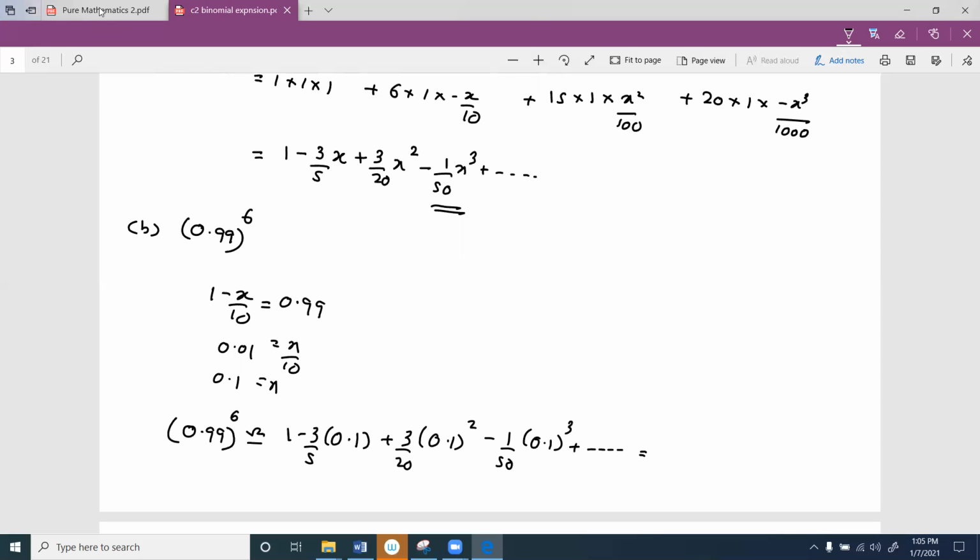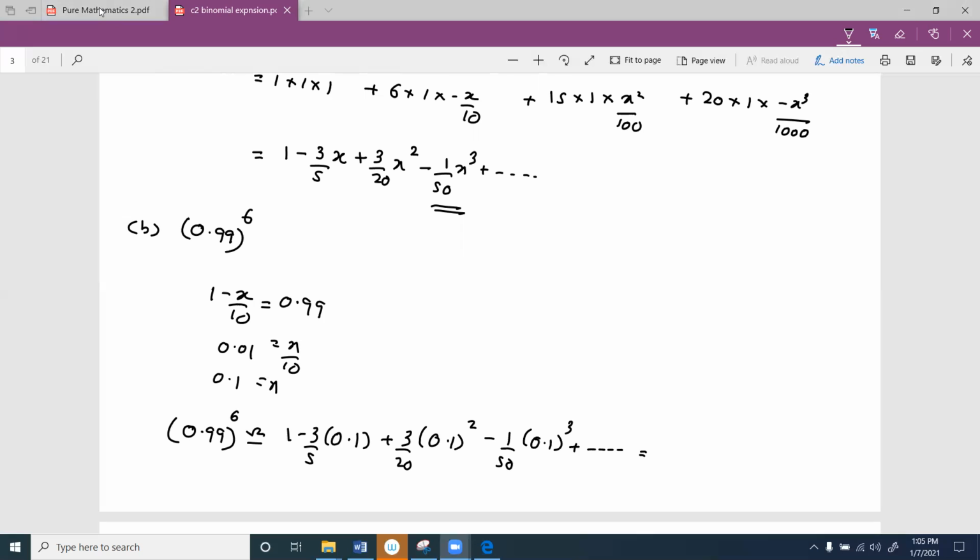So with this, you can say 1 minus 3 over 5 times 0.1 plus 3 over 20 times 0.1 squared minus 0.1 cubed over 50.